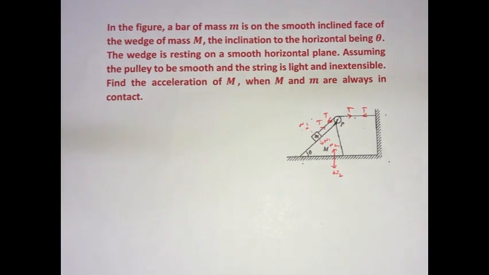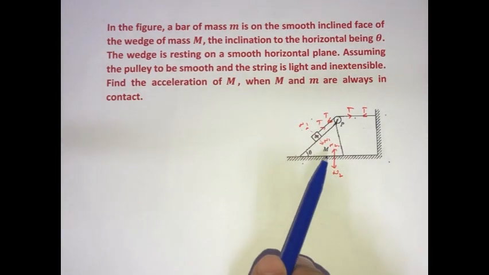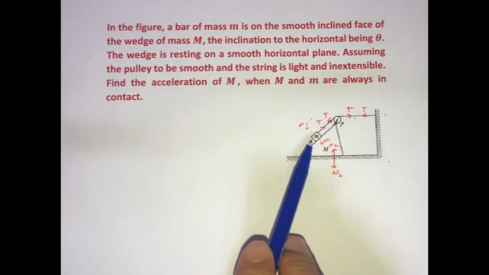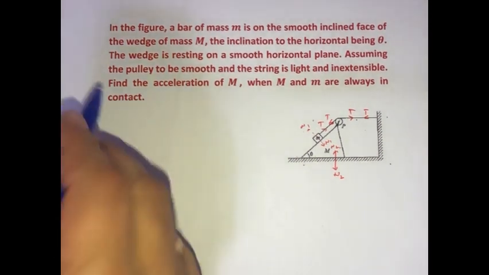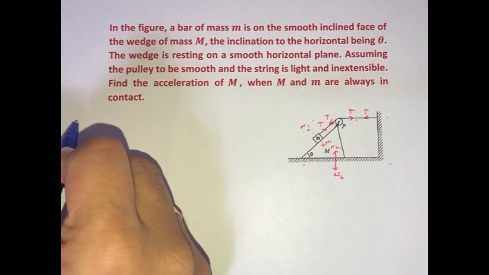Okay. Now first of all, we are going to find out what will be the respective acceleration of both the wedge M as well as bar small m.